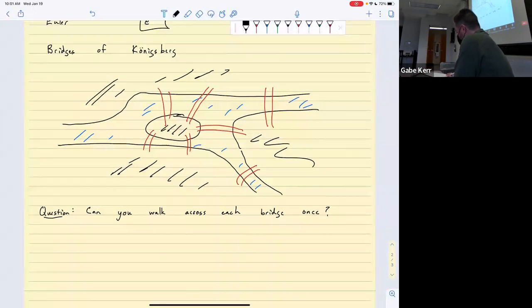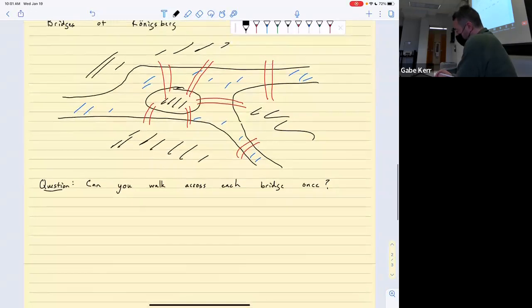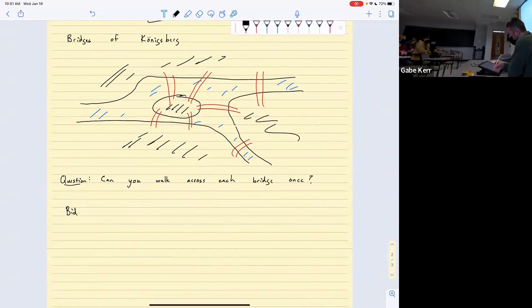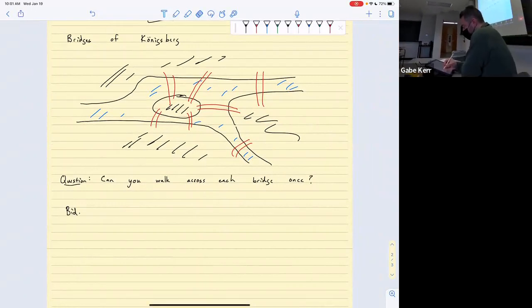There's also the bridges of Madison County. Okay, I'll draw it. Maybe we can reference it. Same question.